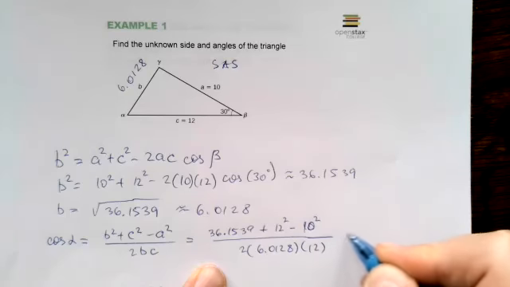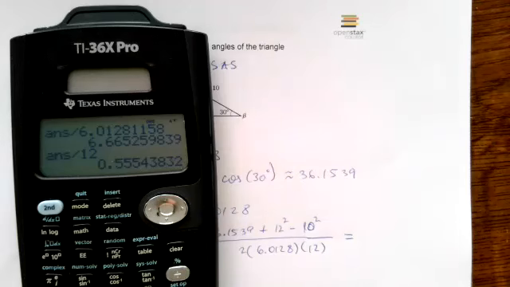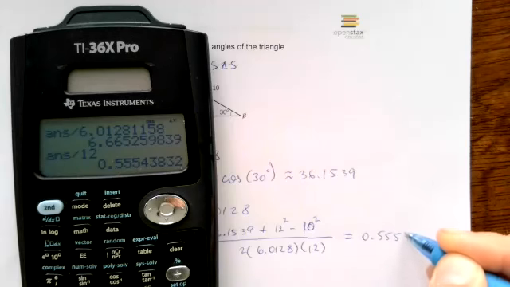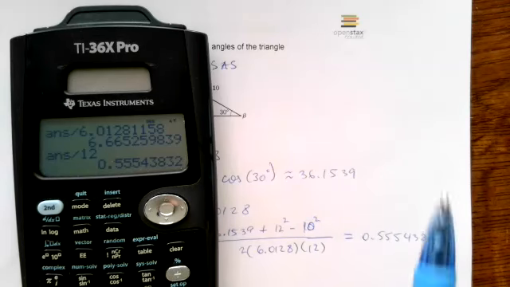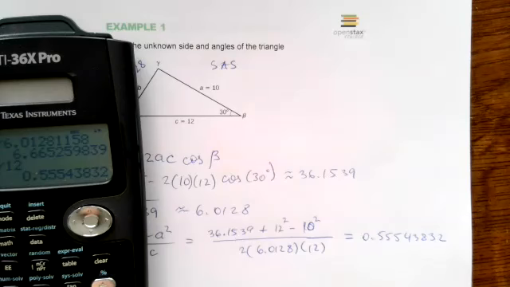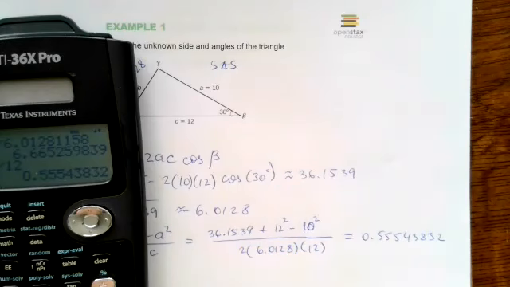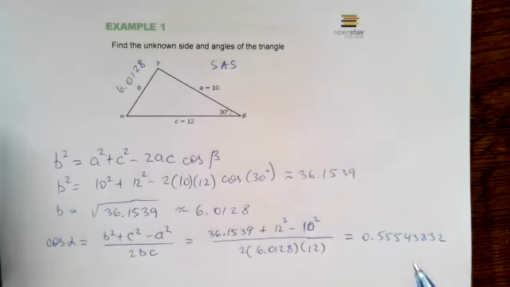Again, we need to put it in the calculator to figure out the value of the cosine. And I got 0.55543832. If you got a slightly different number, I didn't round anything; I grabbed this number the way it first came out in my calculator. So you may have a slightly different answer due to rounding.